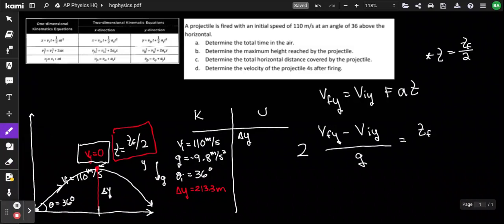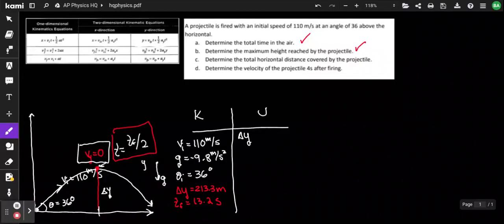So putting this into our calculator, we know that v final is 0. Our initial is 110 times sine of 36, which is 64.65. So negative 64.65 divided by negative 9.8 times 2 is going to be our total time, which is 13.2 seconds.